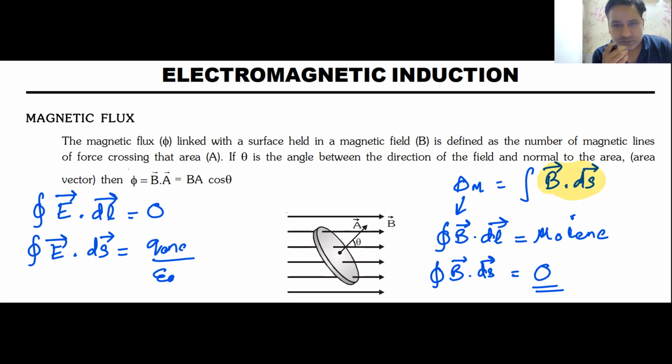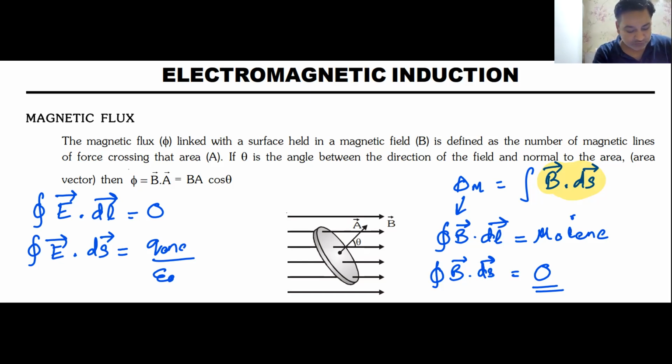If there is a north pole, there must be a south pole. So either you are enclosing both north and south pole, or you are not enclosing anything. If you are enclosing both, your flux will be 0. If you're not enclosing any north or any south, your flux will be 0. Do you remember this? Yes or no?